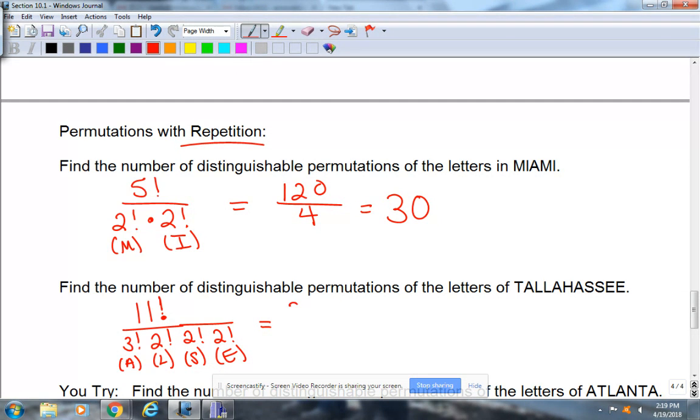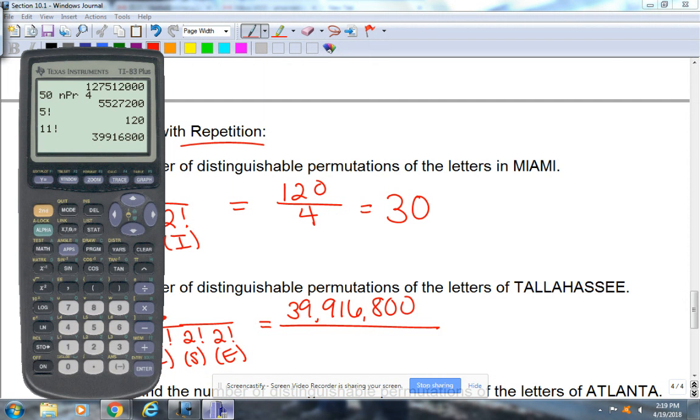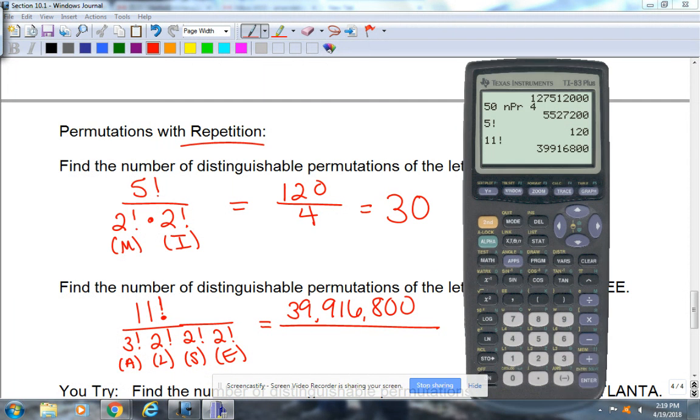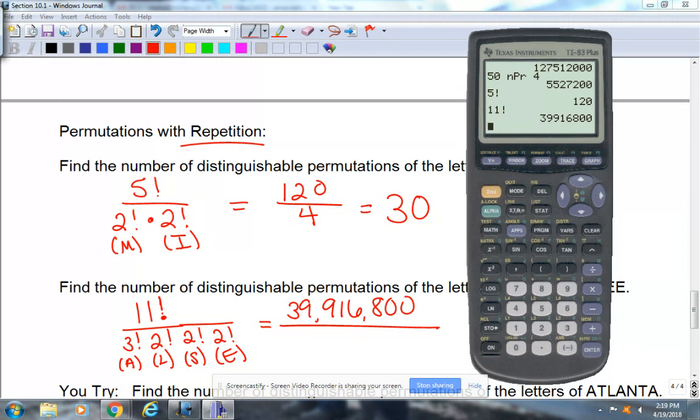39,916,800. Is that right? And on the bottom, sorry, I'm covering up my stuff. You're going to type in 3 factorial times 2 factorial times 2 factorial times 2 factorial. What's 2 factorial, y'all? Just plain 2, right?